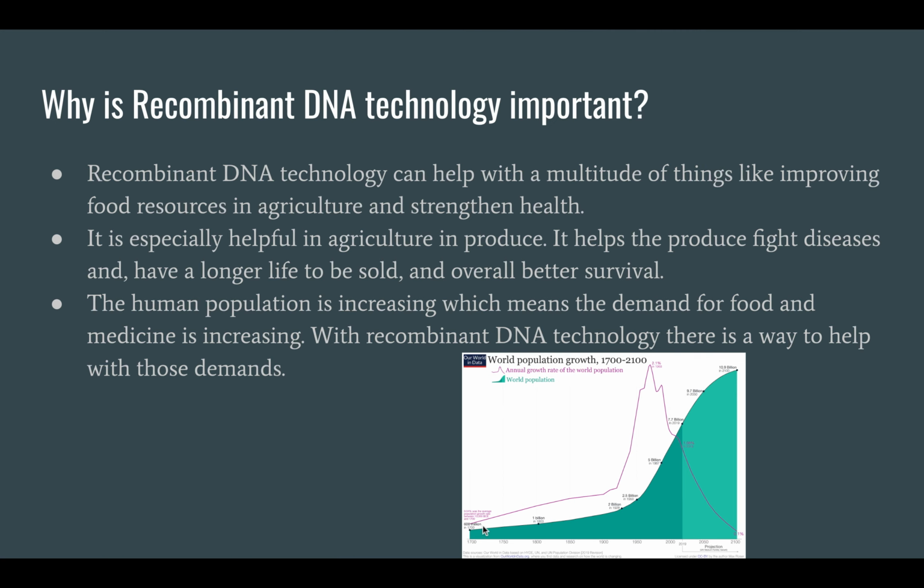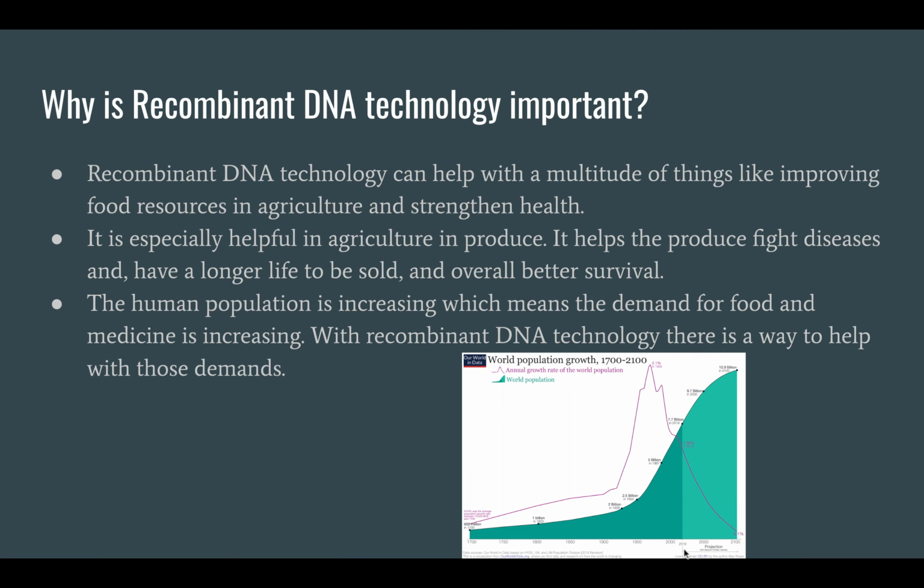The visual that I've put in for this slide is a human population chart. This pink line is the growth rate, the percentage, and the teal color is the actual world population.